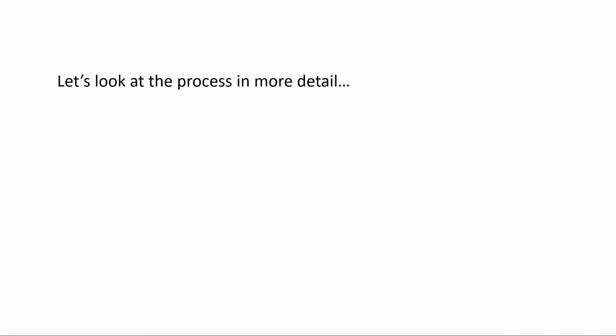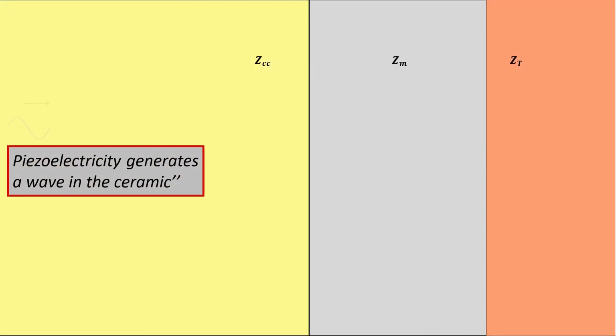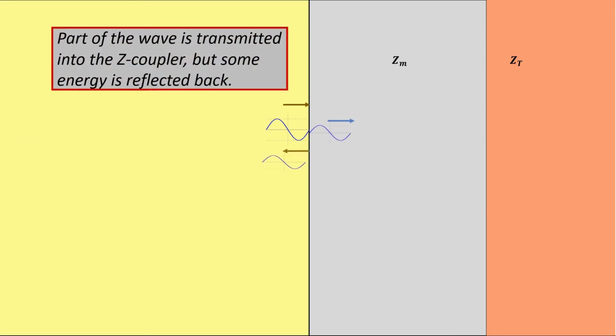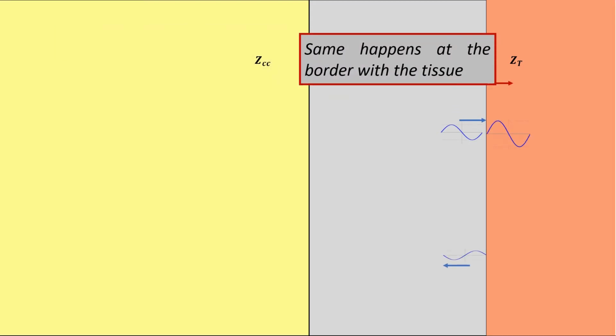Let's look at the process in more detail. Piezoelectricity generates a wave in the ceramic. Part of the wave is transmitted into the zeta coupler, but some energy is reflected back. Same happens at the border with the tissue.